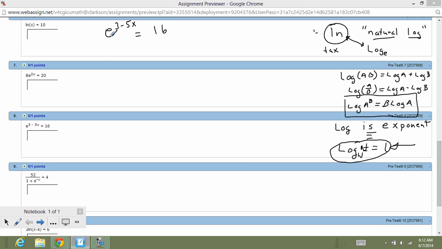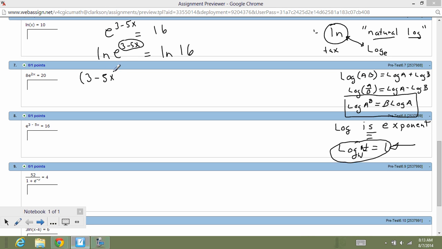Again, since it's base e, I'm going to use the natural log on both sides. This exponent can now be rewritten as a multiplication problem because we went to the log realm.